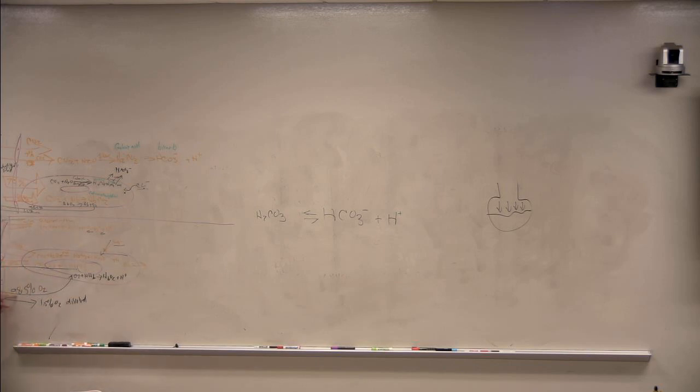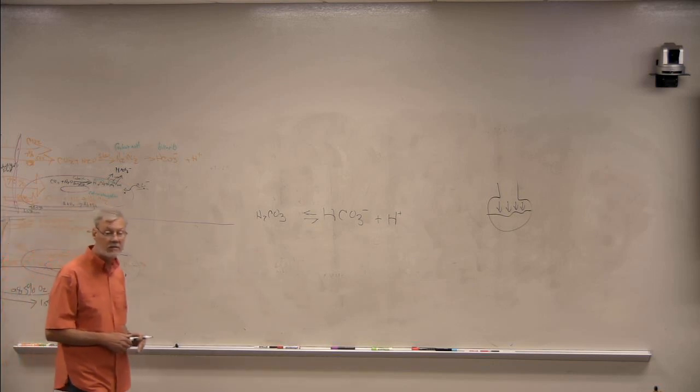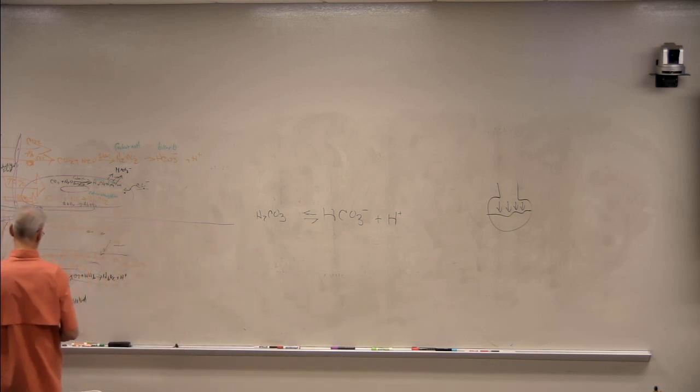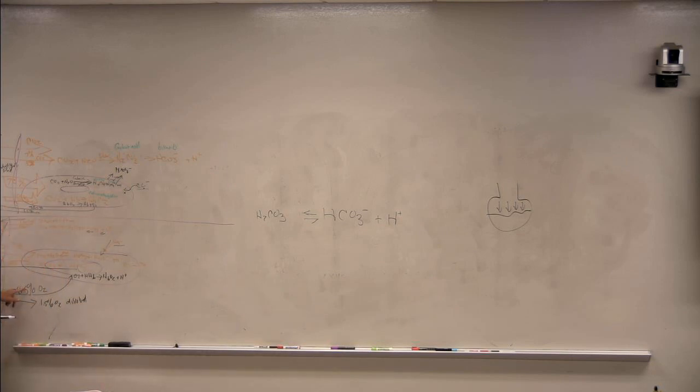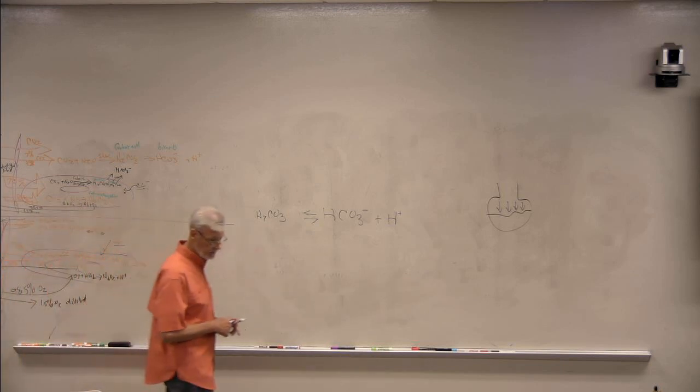So 98.5% of the oxygen plus hemoglobin, HbO2, oxyhemoglobin. About 1.5%, a tiny amount, of oxygen is just going to float around in the blood.